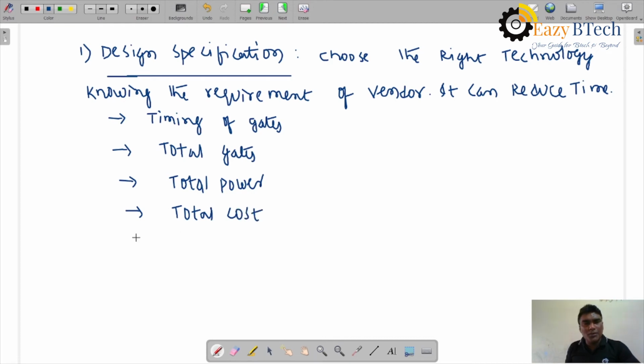How many blocks are being used, how many logic blocks, and logic cells, right? These are the basic specifications taken by a designer. So it is design specification first, right?